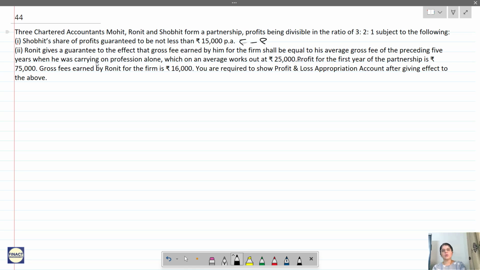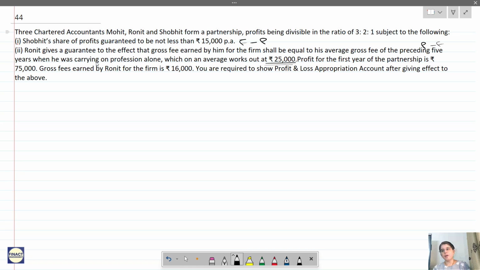Okay, so see, now Ronit is giving the guarantee to the firm over here. So this is a guarantee given by partner to firm. So what guarantee Ronit is giving is that his gross fee that he will bring in, in short, whatever clients he will bring in, will be equal to 25,000.